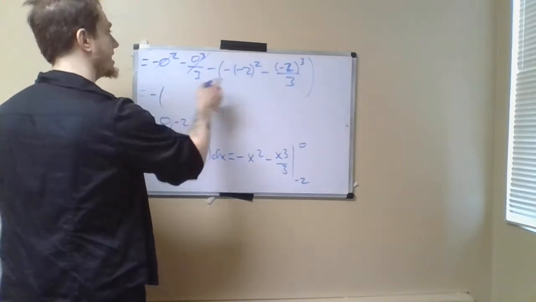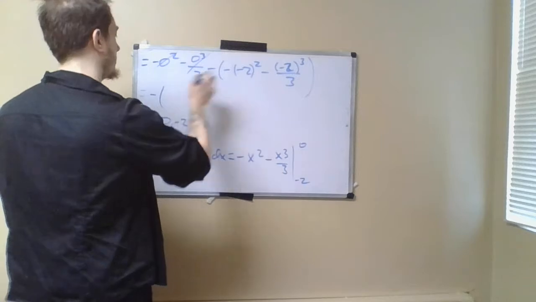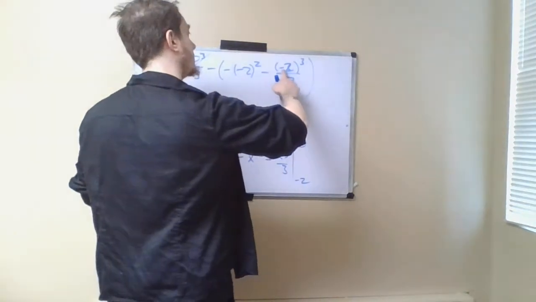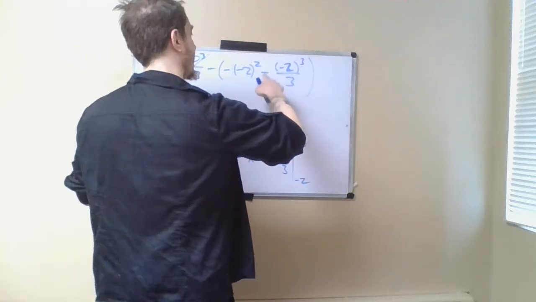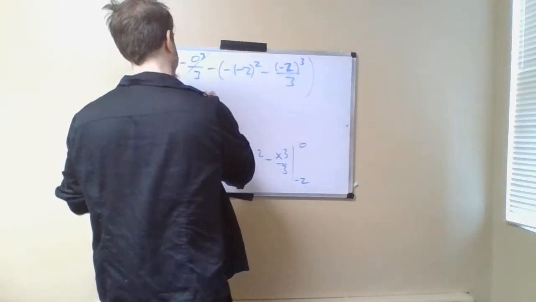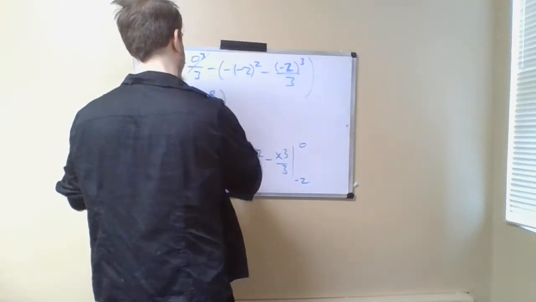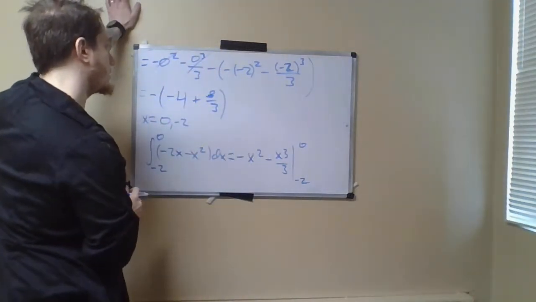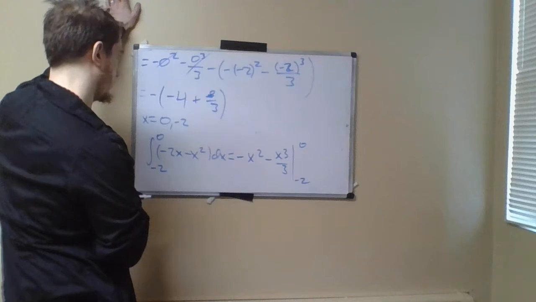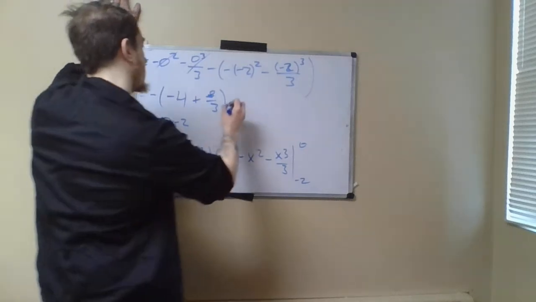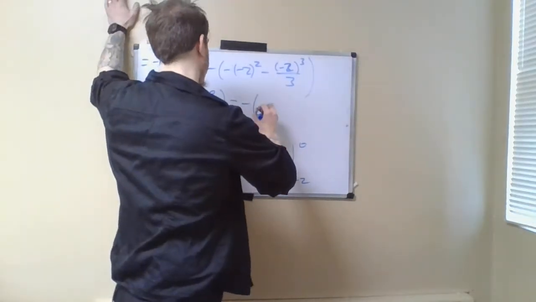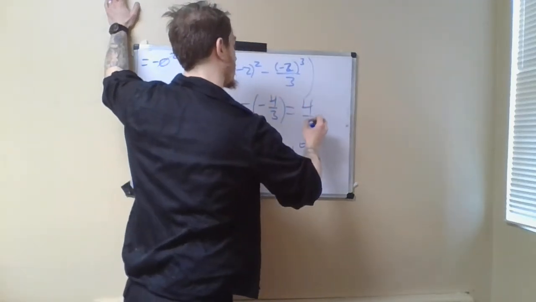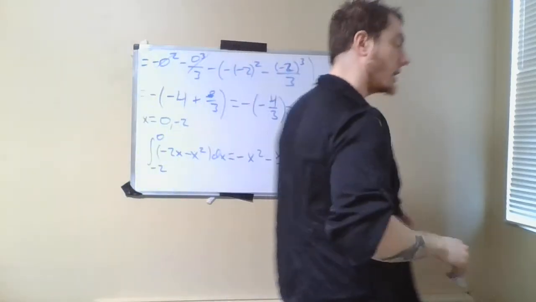This is going to be negative, let's see, 4, but it's negative, so that becomes negative 4. Negative 2 cubed is negative 8, but it becomes positive, so we get plus 8 over 3. Now, 4 is actually 12 over 3, so this becomes negative of negative 4/3, which comes out to be positive 4/3.